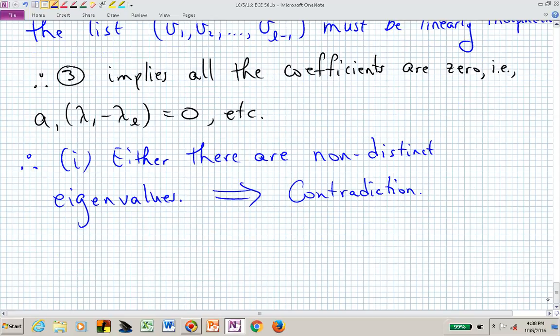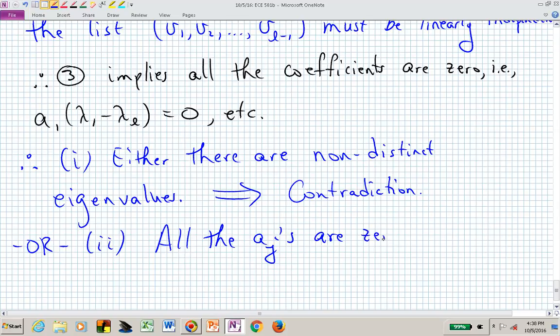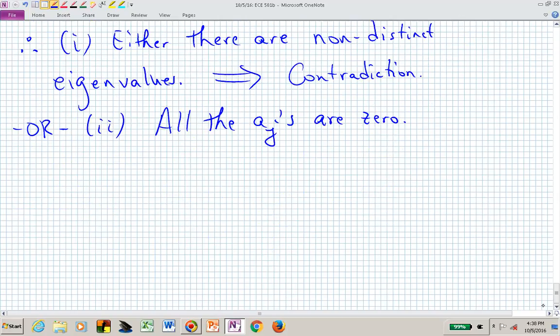Or another way that those coefficients or scalars could all be 0 would be if all the A sub j's are 0. But remember how we created those A sub j's to begin with.